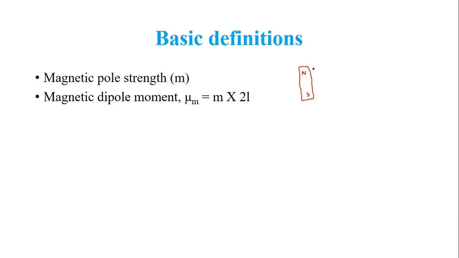The distance between these two poles of the bar magnet is what is called the magnetic length. So this magnetic length and the product of magnetic length and the magnetic pole strength is what is called the magnetic dipole moment.